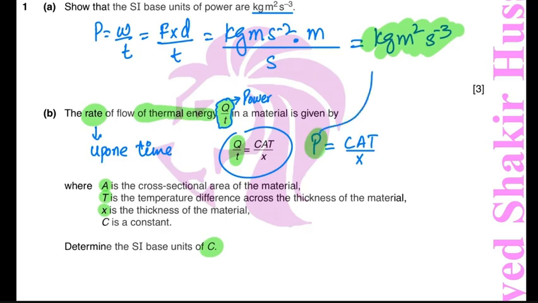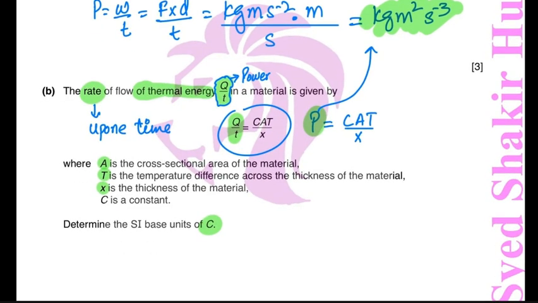Okay, so we'll just write it down. Make k the subject first. So k will become Px upon AT. What is P? It's kg m² s⁻³. What is x? It's thickness, meters. What is area? It's meters squared.